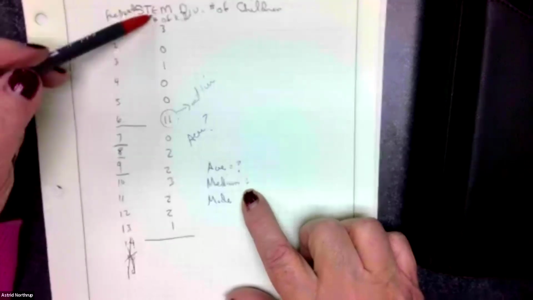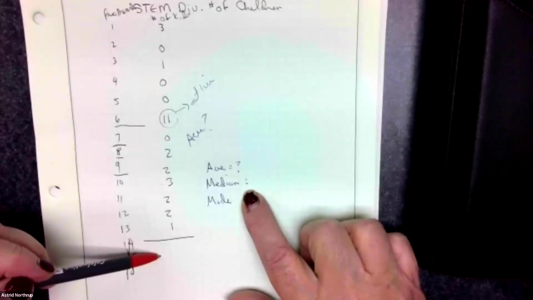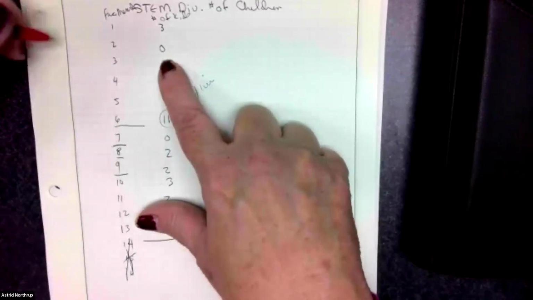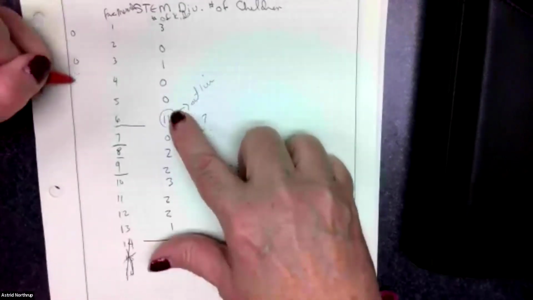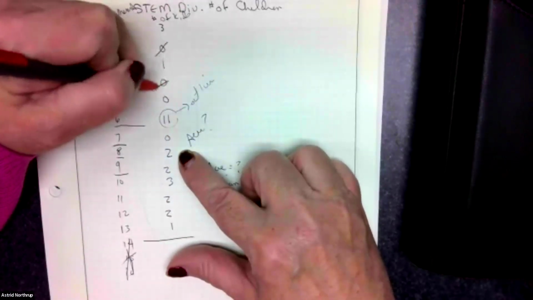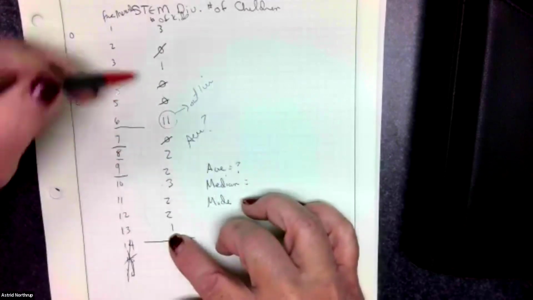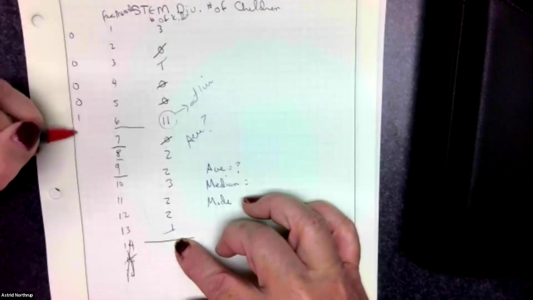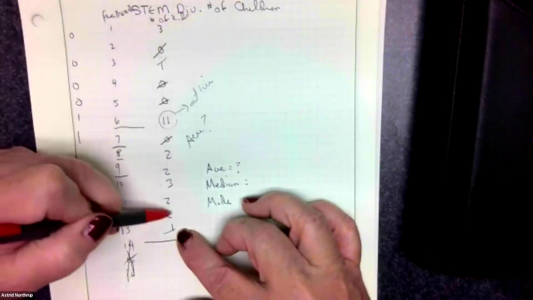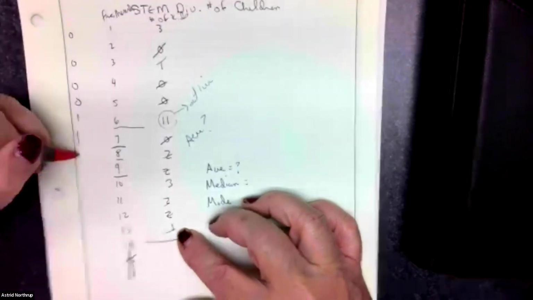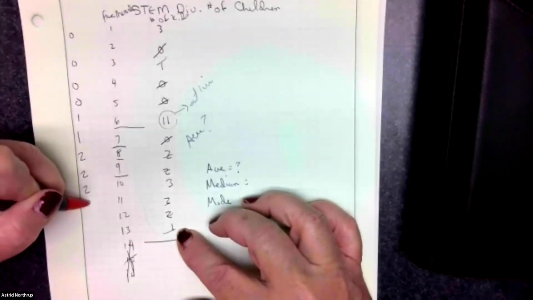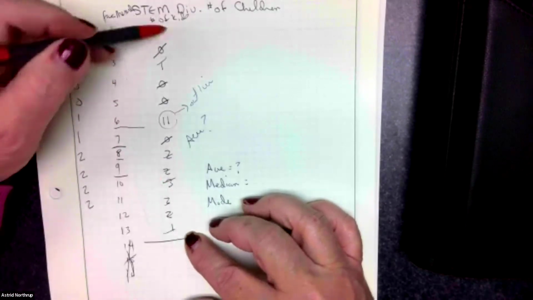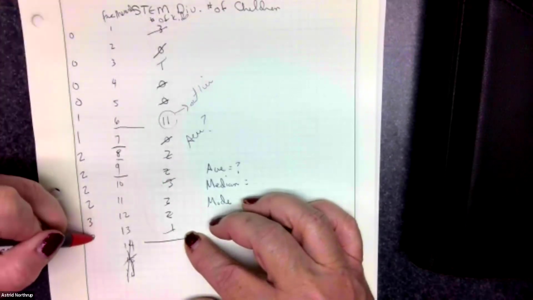And what a median is, if you lined up these numbers in order from the smallest: 0, 0, 0, 0. So there's 4 zeros, a couple of ones, 1, 2, 3, 4 twos, and a 3, and a 3.